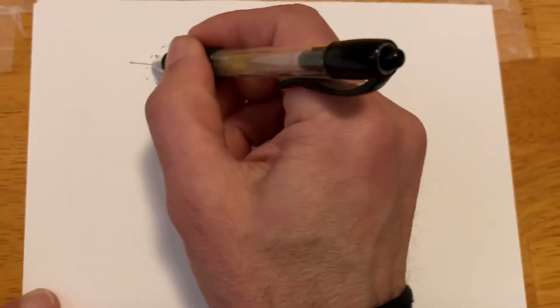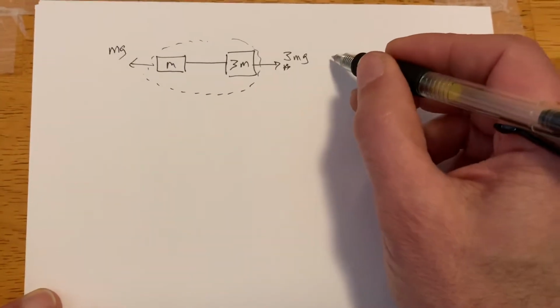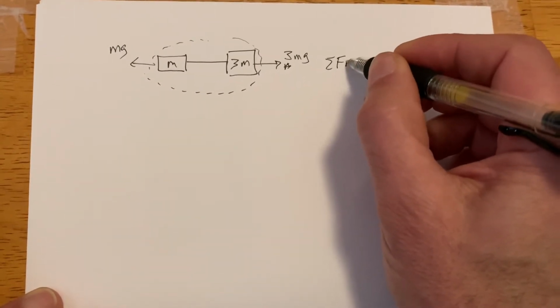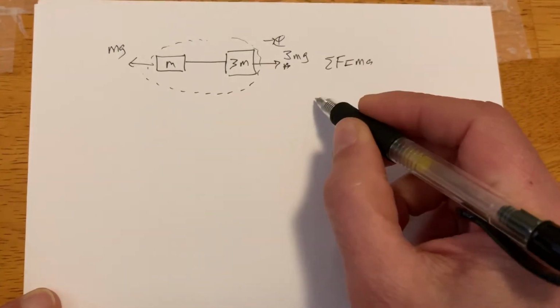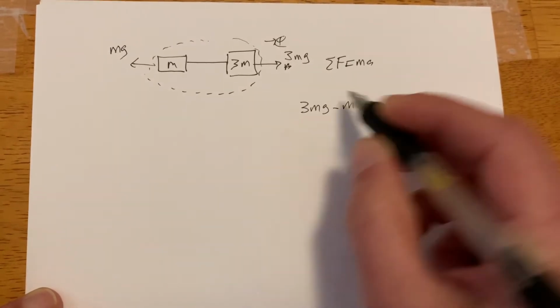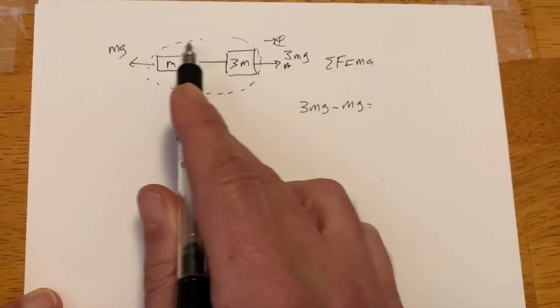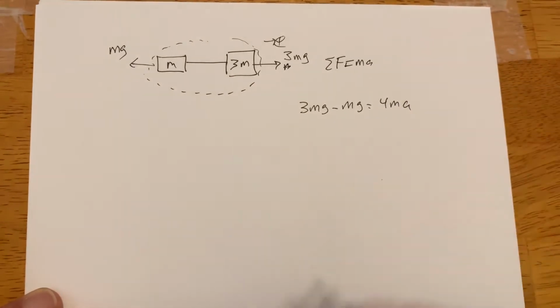So here I have just mg. So we're going to use Newton's second law. F net is equal to ma. So let's pick this way to be positive. So I have 3mg minus mg is equal to, well, this is now one object, so 4ma.